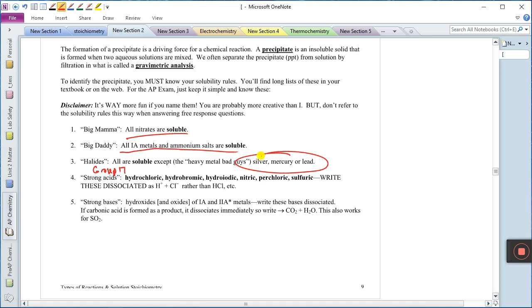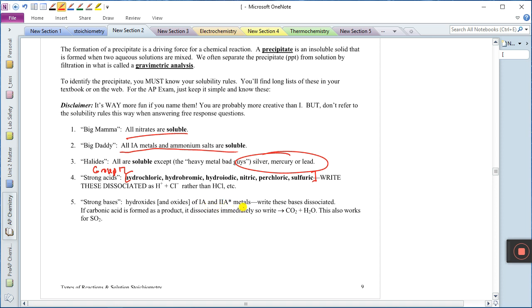Anything that's a strong acid, make sure you dissociate them. We talked about those the other day. Do memorize your list of strong acids. They're important. Strong bases are going to be your 1As always, mostly the lower half of your 2As.